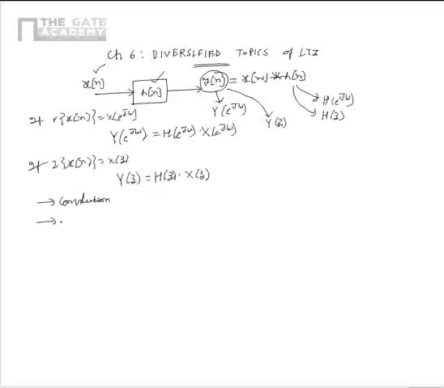Other way is transform x of n and h of n into either DTFT domain or Z domain and multiply them, then take inverse DTFT or inverse Z transform to get y of n. So from this we see that given x of n and h of n, y of n can be found out either by convolution or by the analysis in the frequency domain.